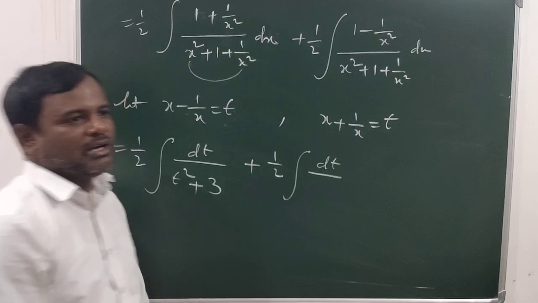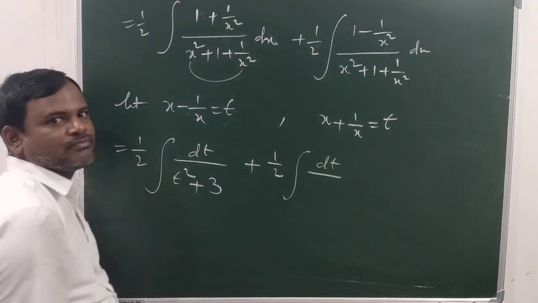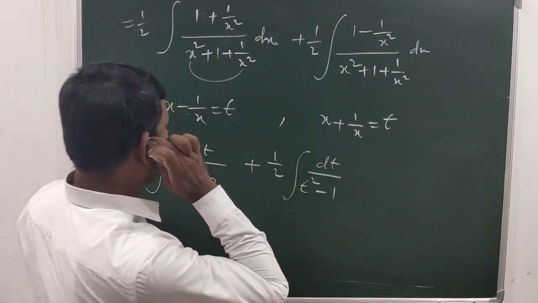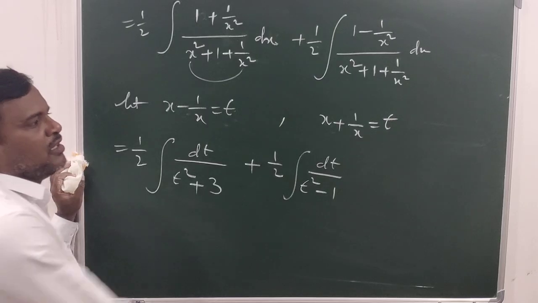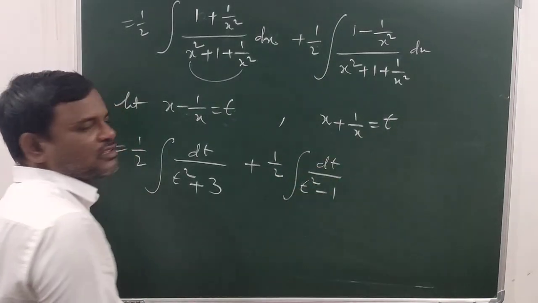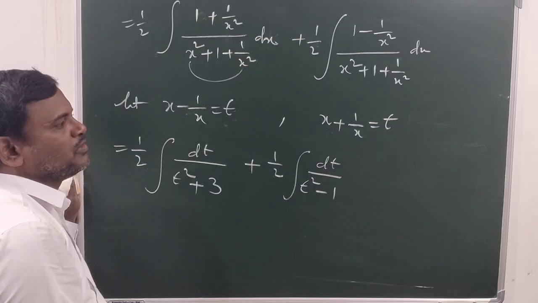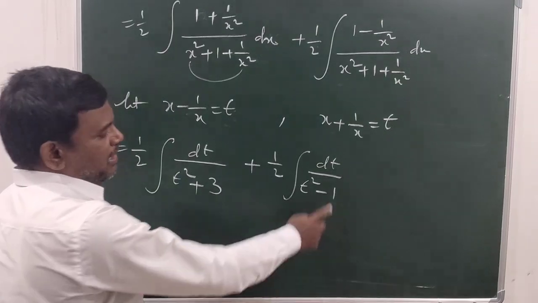And what about the denominator? t square minus 2 plus 1. So t square minus 1 you will get. Am I right, students? So take the square on both sides. So what do you get? t square minus 2. So in place of this, t square minus 2 and plus 1.